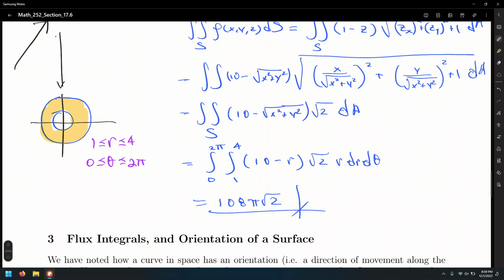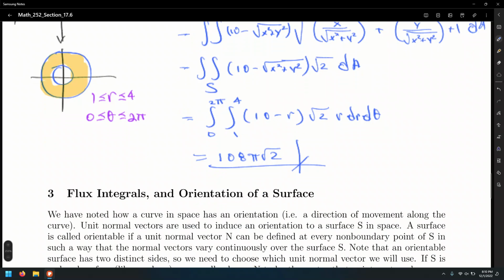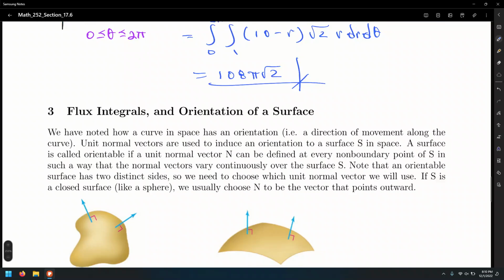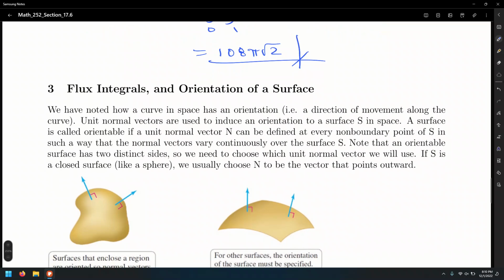And let's see, the last part of this section, flux integrals. Well, we already did some flux integrals back in 17.4 when we covered Green's theorem. But in this case, we did the flux integrals only for the 2D region, only the 2D case. So let's look at a picture of how this flux integral actually depends on the orientation.